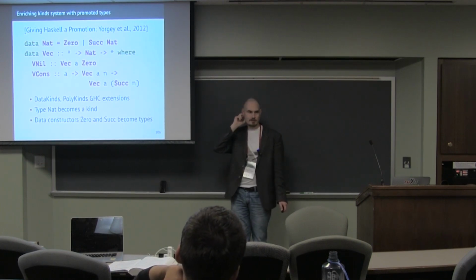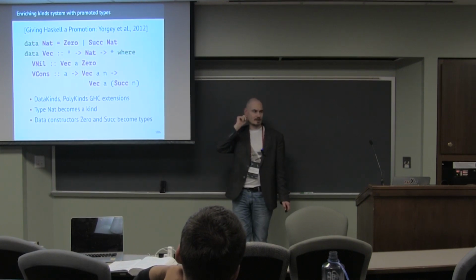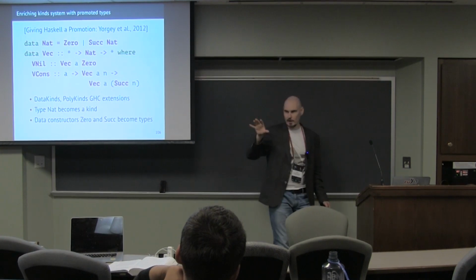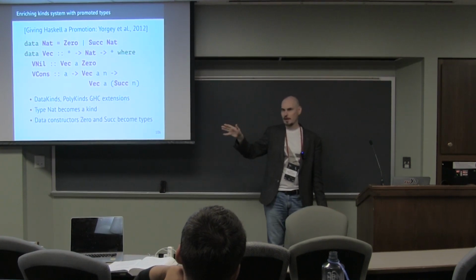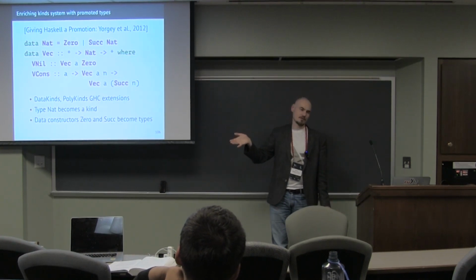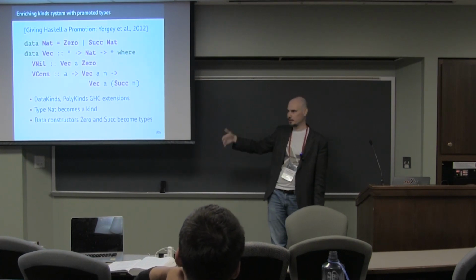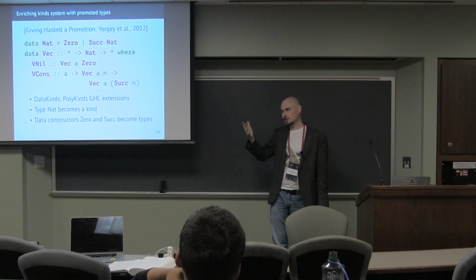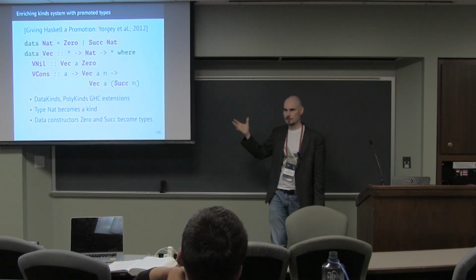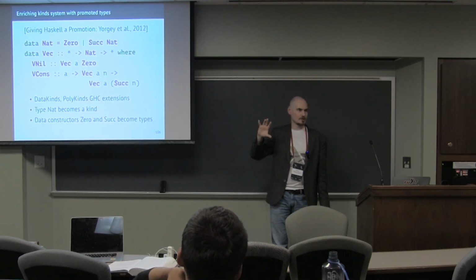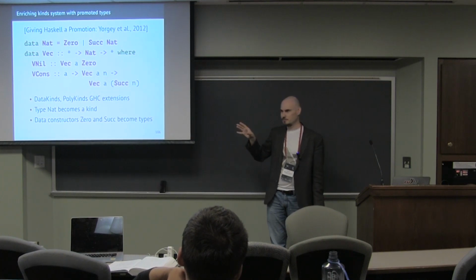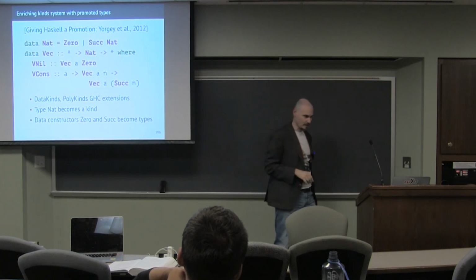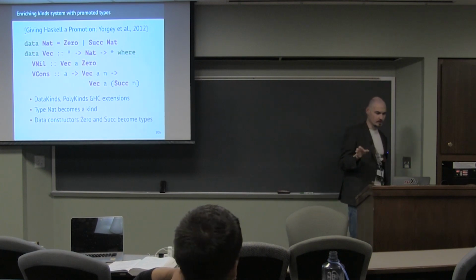Then in GHC 7.4, they introduced DataKinds. Once it was one extension, PolyKinds, and then they re-implemented it a little bit, and in 7.4 they had PolyKinds and DataKinds, and then finished this implementation in 7.6. So it's about 2012, 2013. So these times.